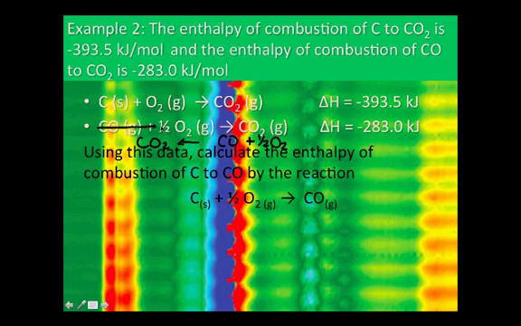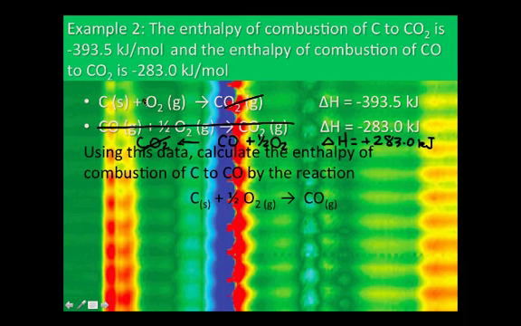Now when I change the reaction around, I have to change the sign. So I have positive 283 kilojoules per reaction, right? So now the CO2's cancel. CO doesn't have anything to cancel, and I have 1/2 O2.